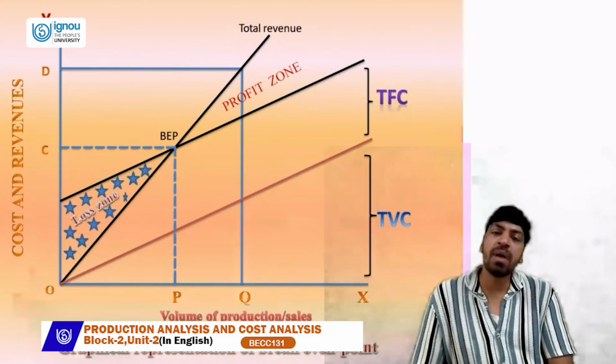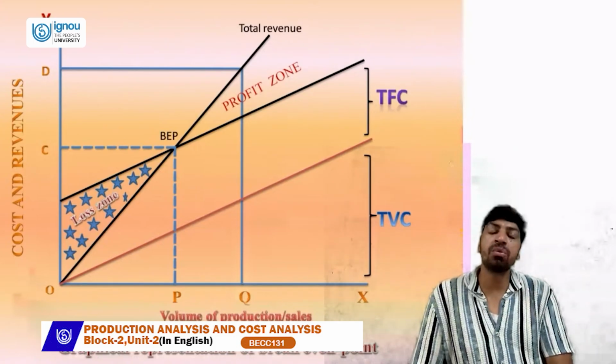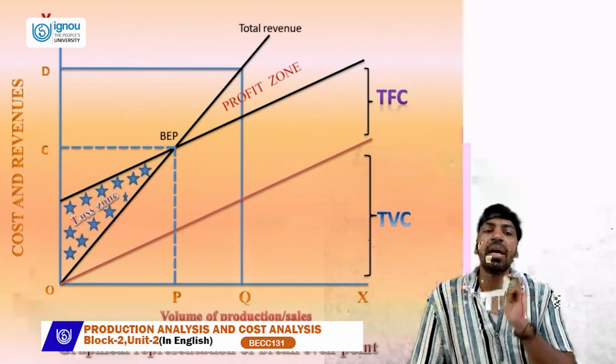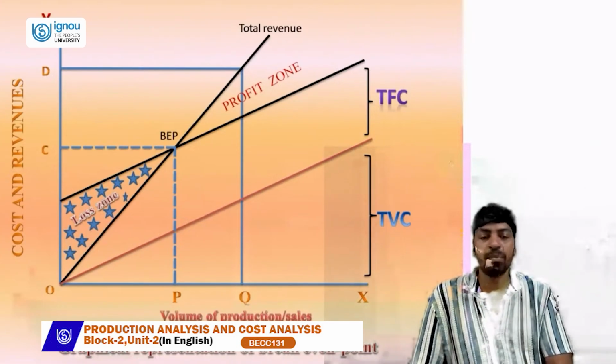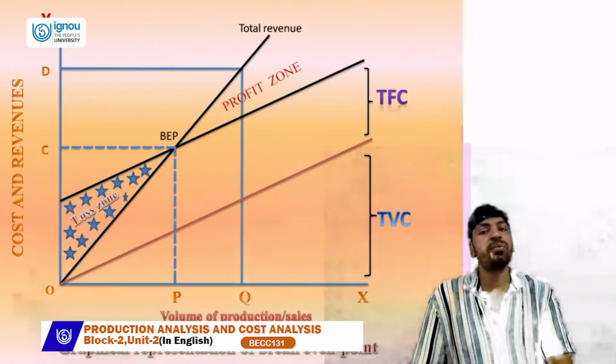The point where the total revenue and total cost intersect is called the break-even point, a situation where there is no profit and no loss.